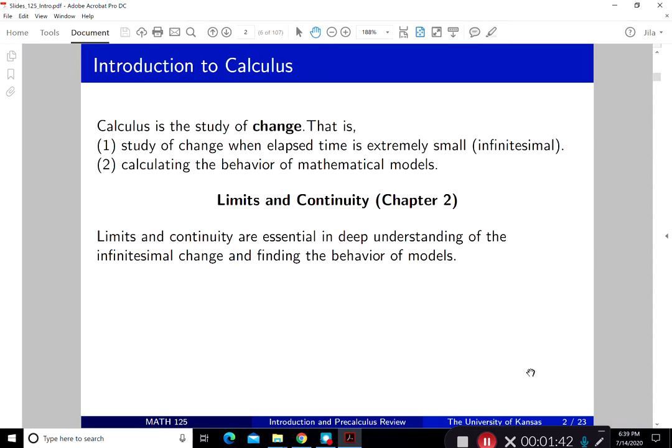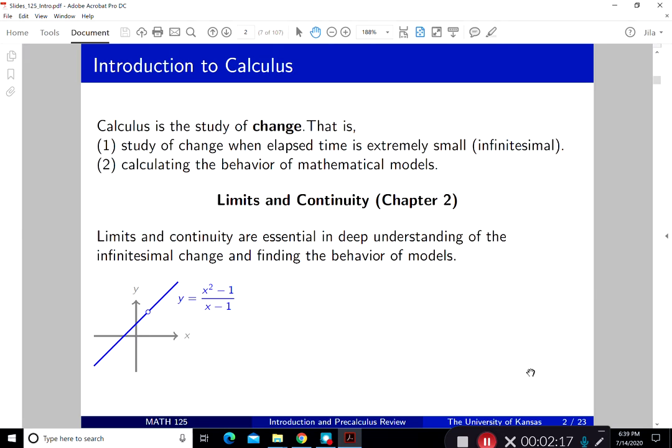Infinitesimal changes are what we discuss with limits, and it also helps with finding the behavior of models in some places. The concept of limits and continuity comes back in follow-up chapters, chapter 3, 4, and 5. Every time we discuss a new concept, we have to go back to limits and continuity.